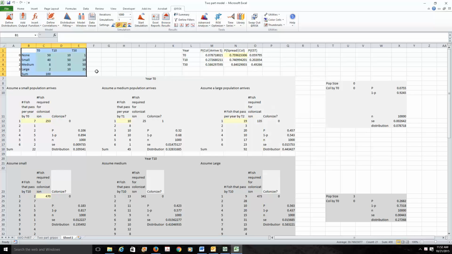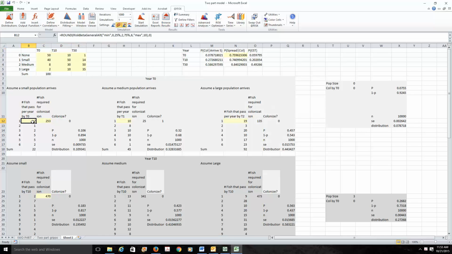So if there was an intensive effort to fish out the Asian carp downstream of Brandon Roads, then perhaps these weights would change. But for simplicity, we're going to assume that they stay the same.